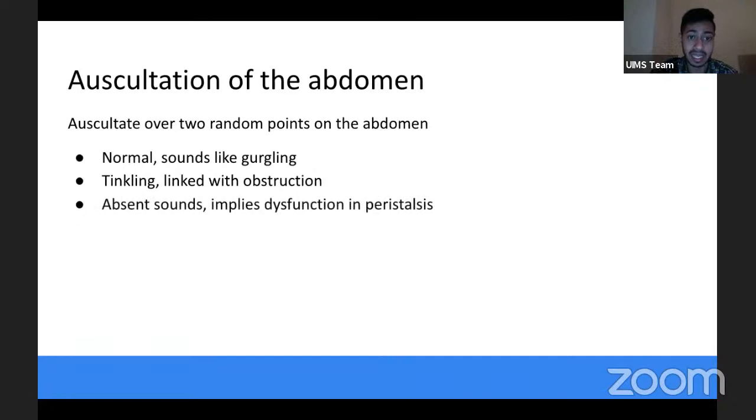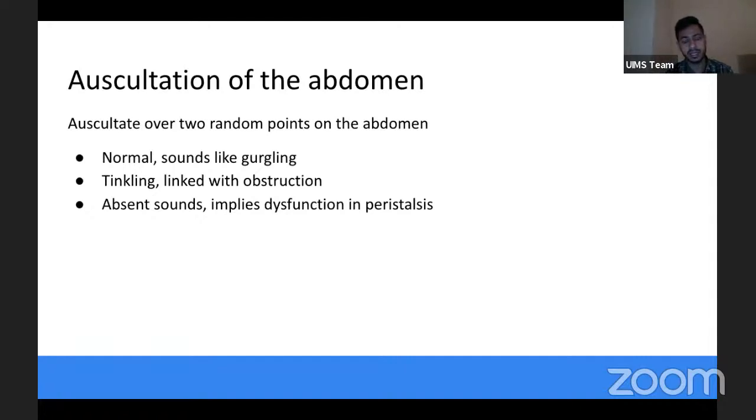And if they're completely absent, this usually implies dysfunction in peristalsis, which suggests ileus. We obviously know that there are many different causes of ileus. It could be due to recent surgery, or because of electrolyte abnormalities as well.